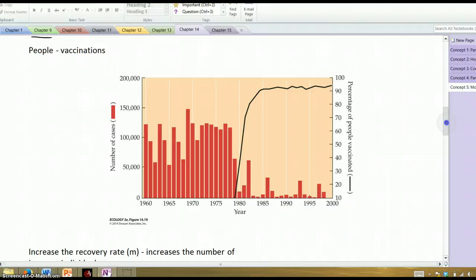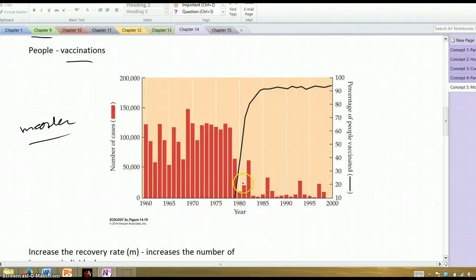Now, in people, we will vaccinate individuals, particularly for viruses. So when someone is vaccinated, they are no longer in that susceptible group of individuals. And that can have an impact on the spread of the disease. So in this example below, this is for measles, a communicable disease, and these are data particularly from Romania.